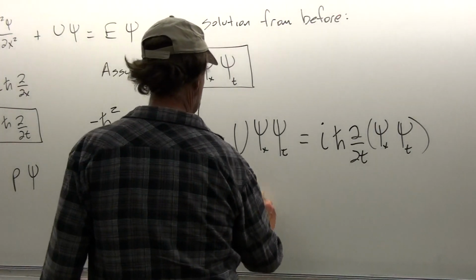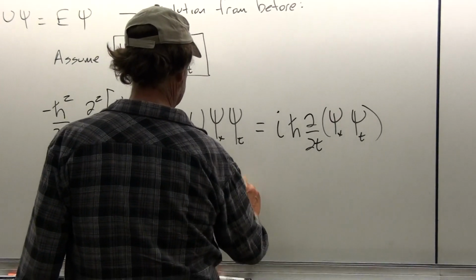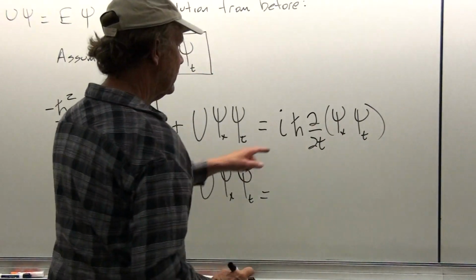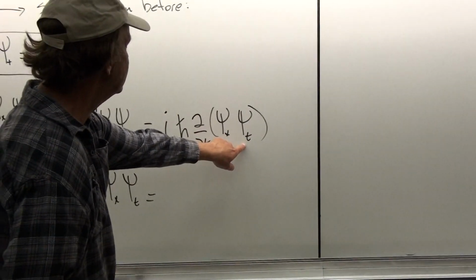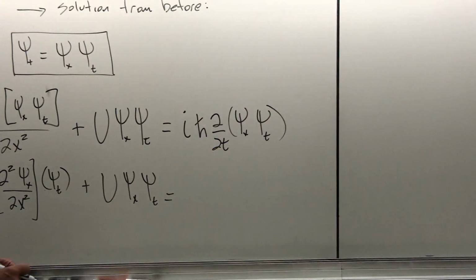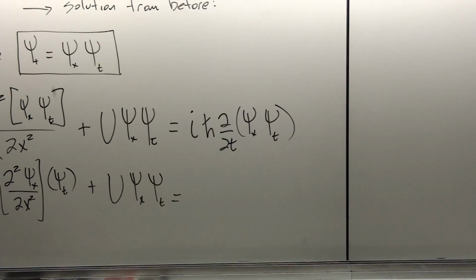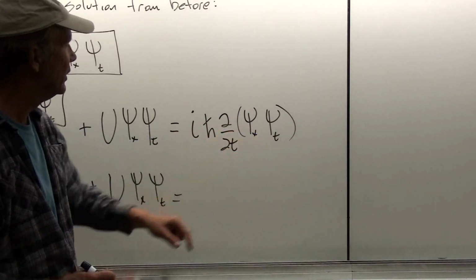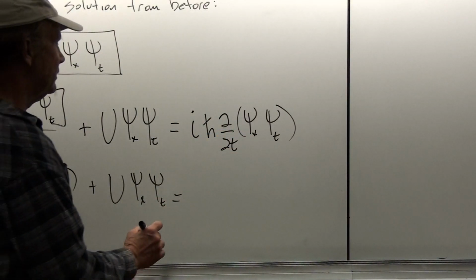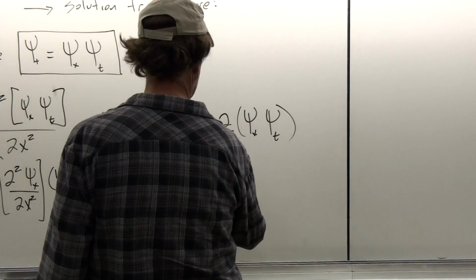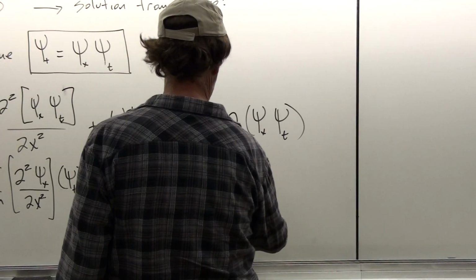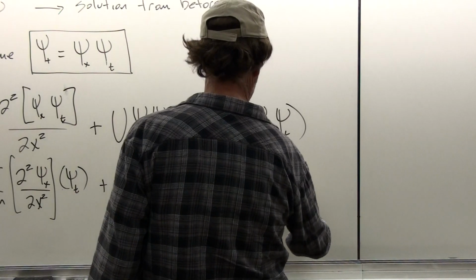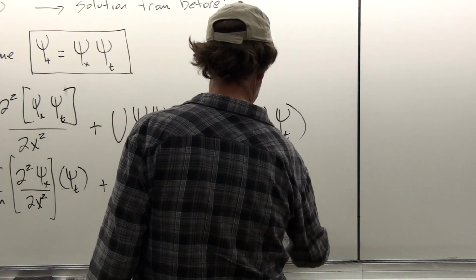Plus U of psi(x) psi(t) equals, and then over here, it's only the psi(t) part that is going to get differentiated, and the psi(x) part will stay constant because this is a partial derivative with respect to t. So this is going to be psi(x) times i h bar partial of psi(t) with respect to t.